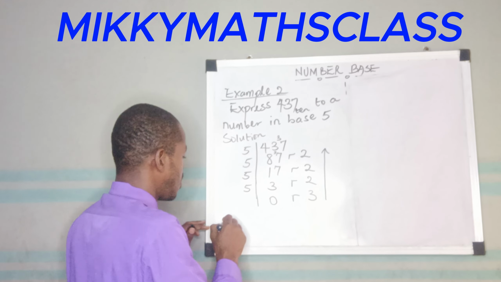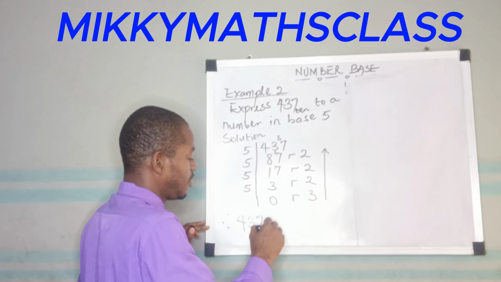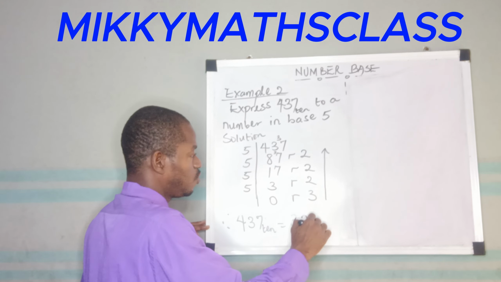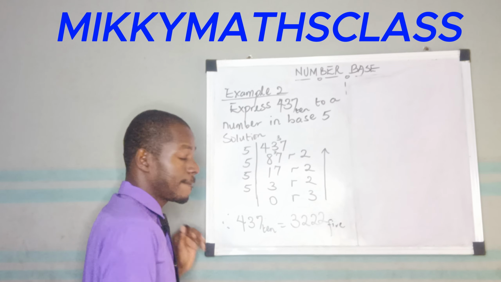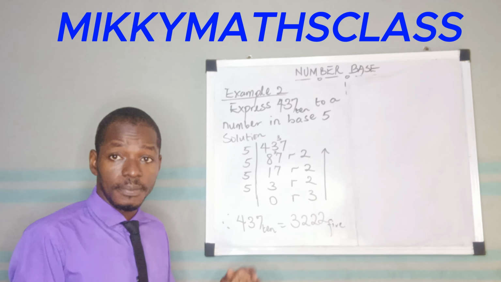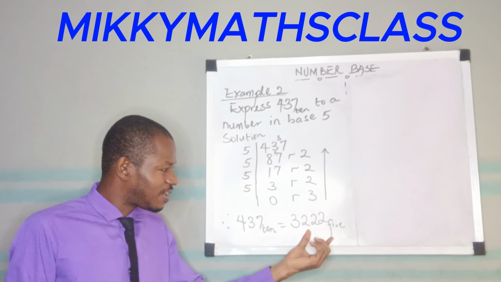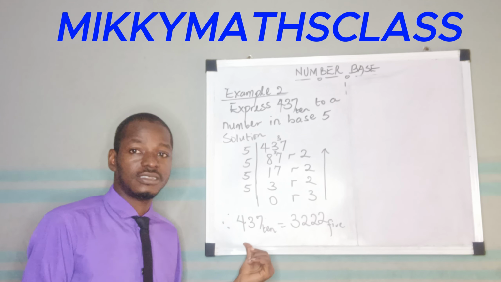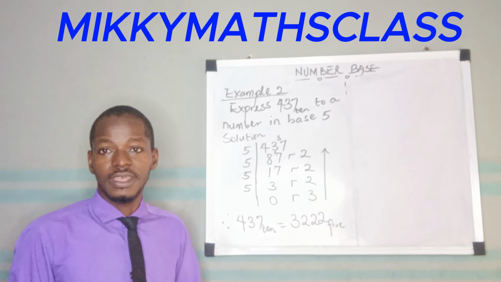Therefore, our 437 base 10 equals 3222 base 5. Don't forget, we can also convert this number from base 5 to base 10. You can use it to check if your answer is correct, but we'll get there.